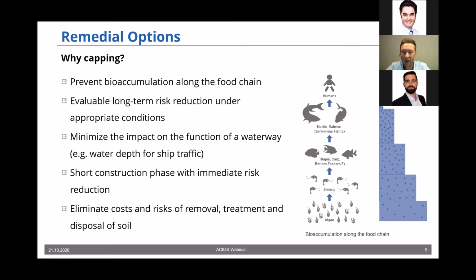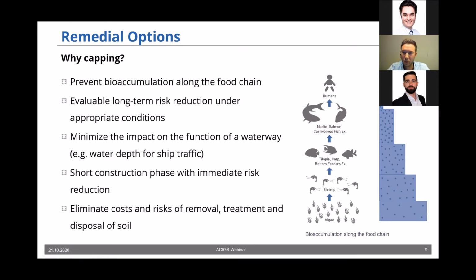You can imagine that when algae grow there in the contaminated sediments, then in the cell structure of the algae the contamination agglomerates, and when one shrimp eats, let's say, 5 algae, then the contamination gets compacted, so that there is a higher concentration of the contamination in one shrimp, and then one shrimp is eaten by one little fish, which is eaten by the bigger fish, and in the end we as human beings eat the bigger fish.